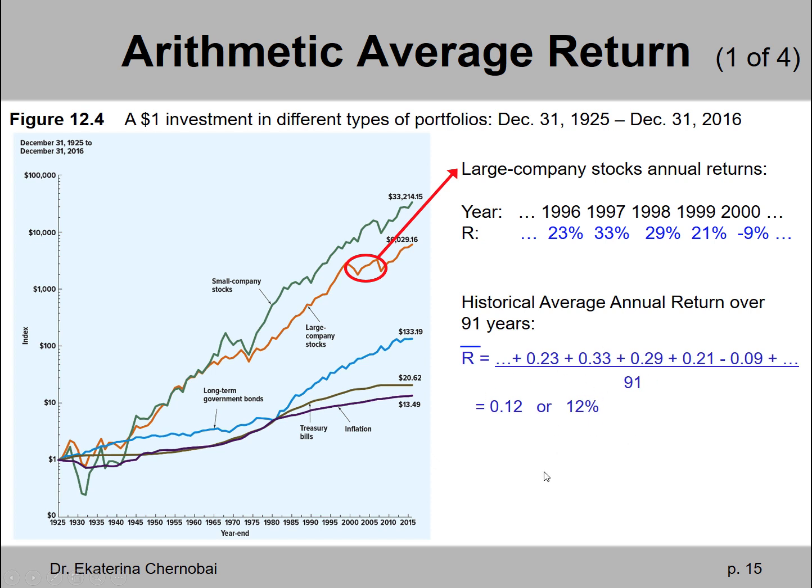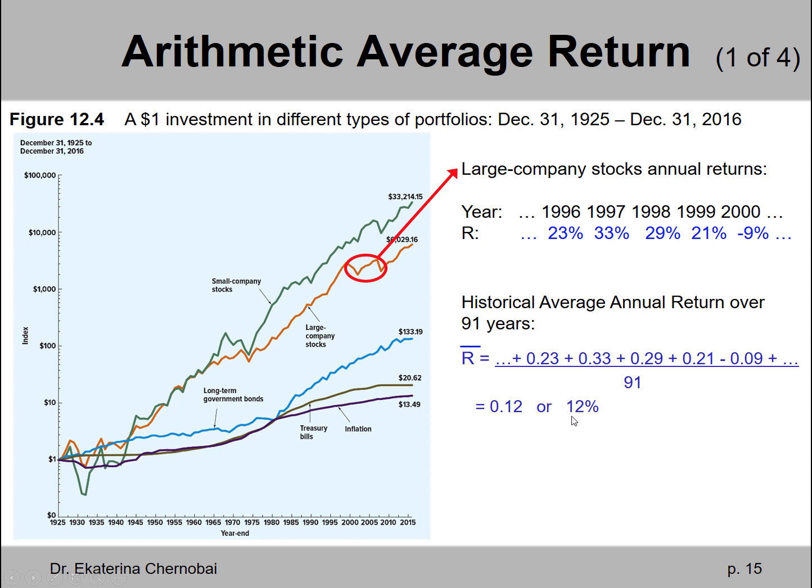The book shows how it's calculated, and this is basically summing up 91 different numbers and dividing the sum by 91. So you don't need to ever calculate it, because this is the historical result. It's already done, it's already known.